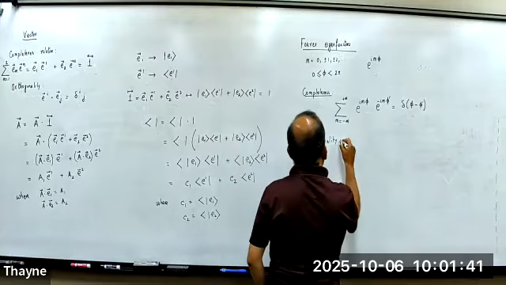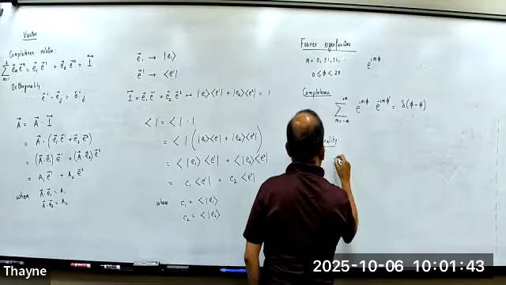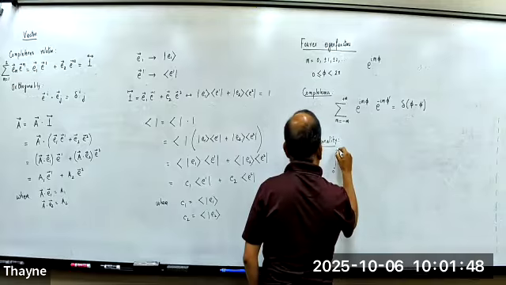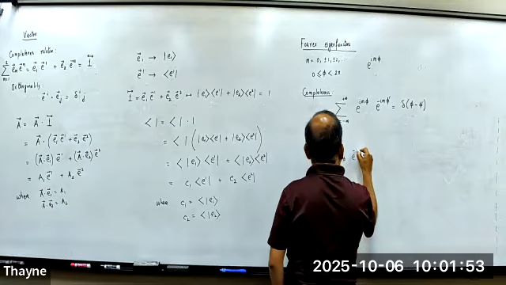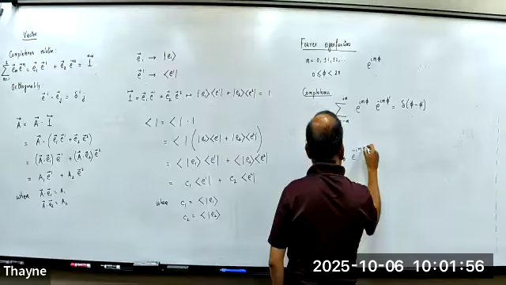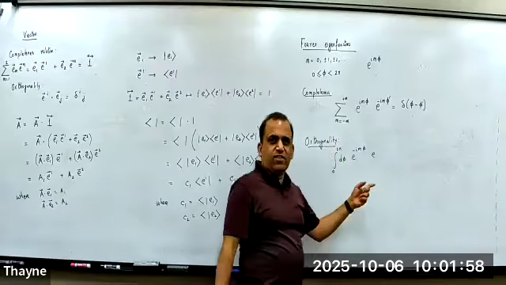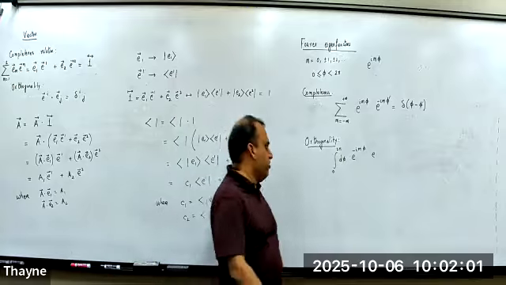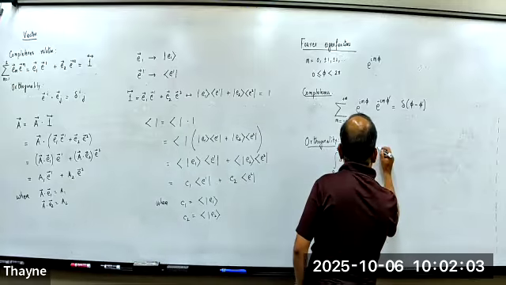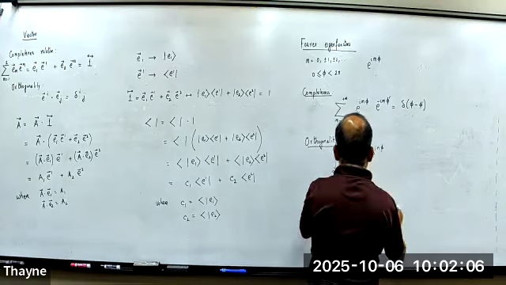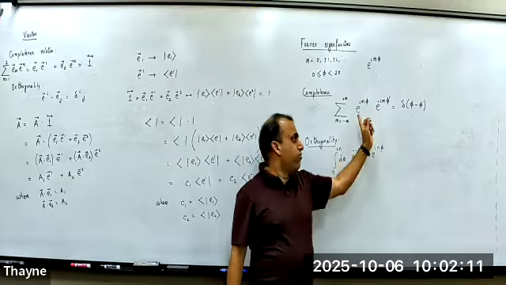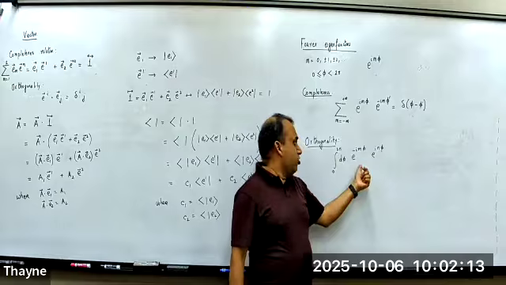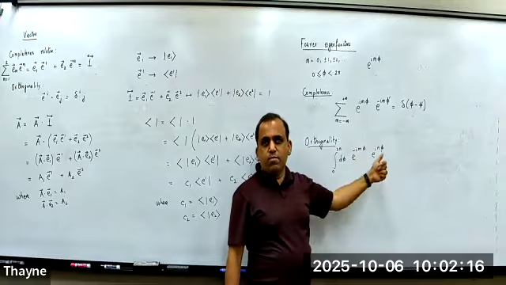So orthogonality would be, instead of summation, now you do the integral d phi from 0 to 2 pi, and this time you say it is e raised to i m phi. I'll keep the phi the same, but the index will change. This will be i n phi. Notice the difference here: m remains the same, phi is different. In orthogonality, phi is the same, but the m are different.